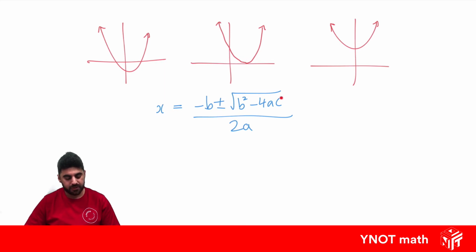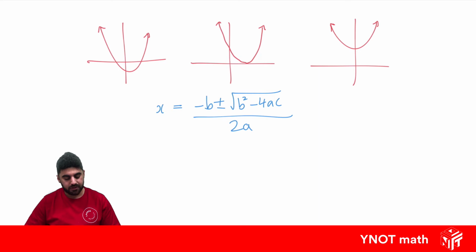But if this number was any positive number, we'd have something to add or subtract, and we get two solutions to the quadratic equation and two x-intercepts.